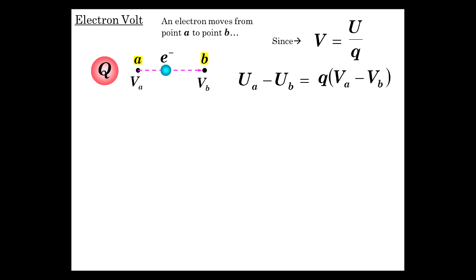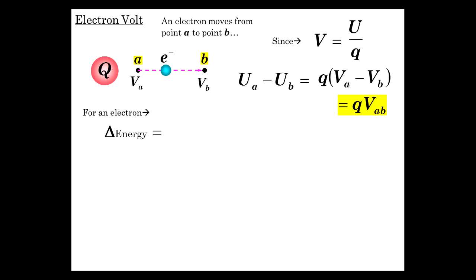So we have potential at A and potential at B. Now since V is equal to potential energy per charge, based on that charge Q here, we can say that UA minus UB equals Q times (VA minus VB), which is Q VAB.